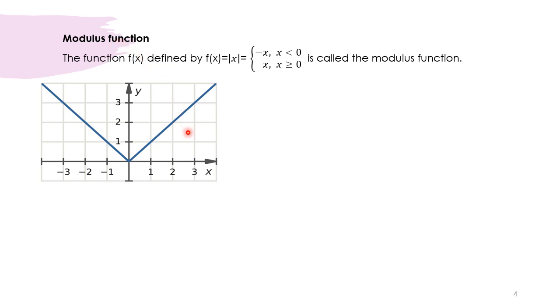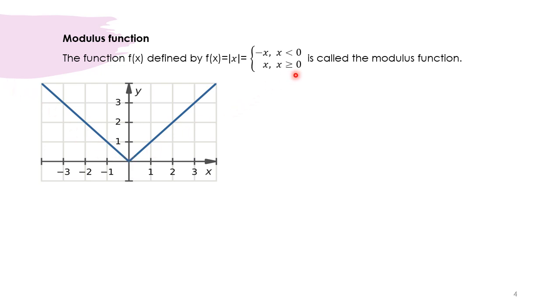Okay, so here you see the graph is like this. Whenever you write f(x) = |x| = minus x when x is less than 0, it means if you are taking x less than 0, then y = minus x, right? So you are getting the line on this side.